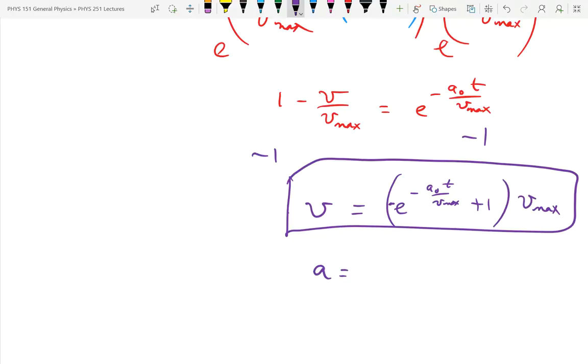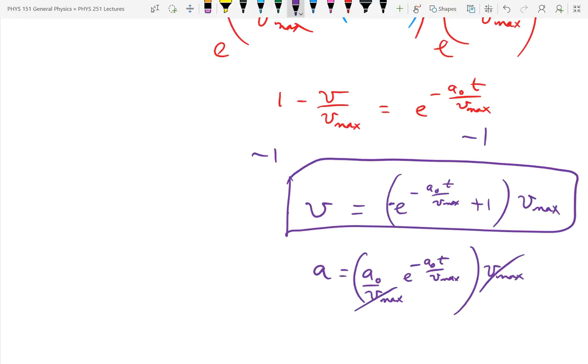It's actually really easy. Minus and bring down the minus makes it a plus. All multiplied by V max. Well, we can cancel the V maxes.